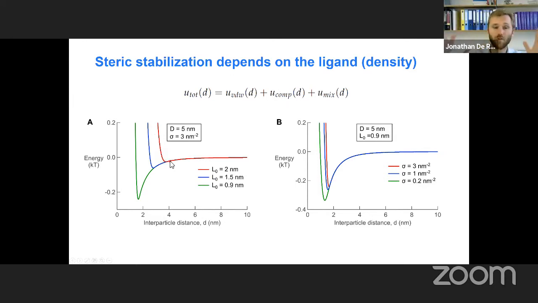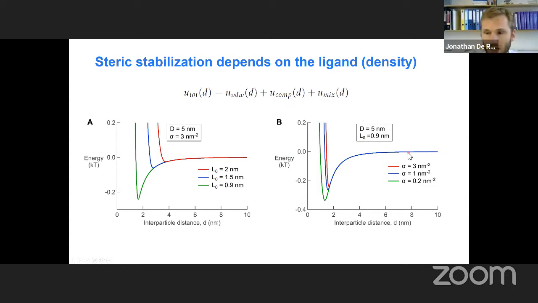And also the farther away you will find that minimum in interparticle distance. You see that the minimum appears at larger and larger interparticle distances, and that's of course because the ligands are longer. And so as soon as they touch, they will start to compress, and there will be the equilibrium.